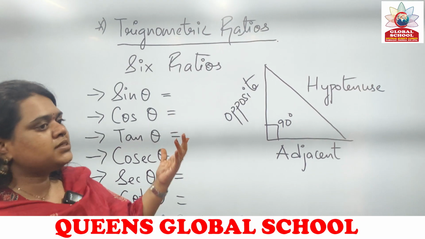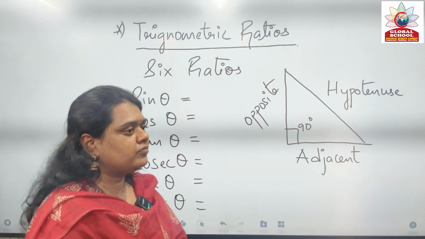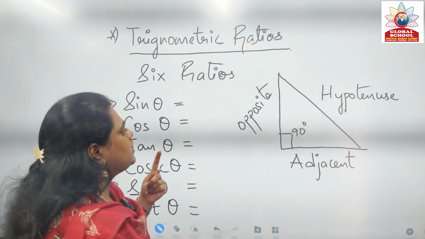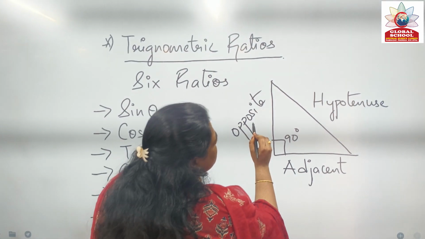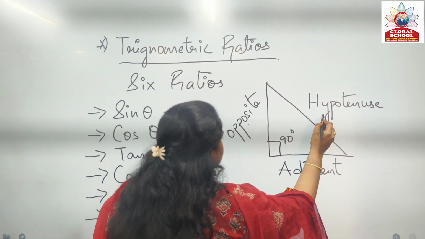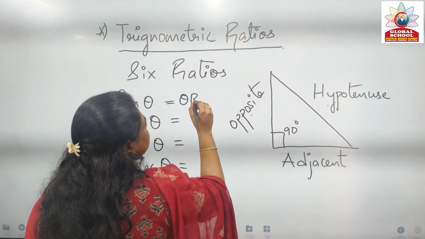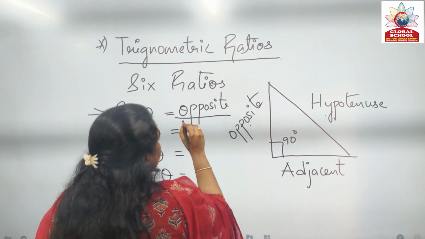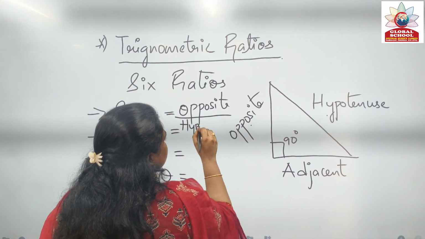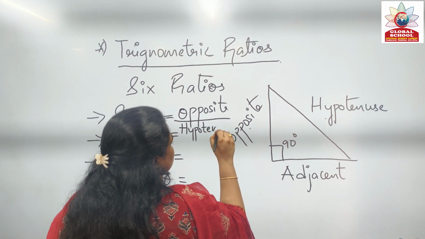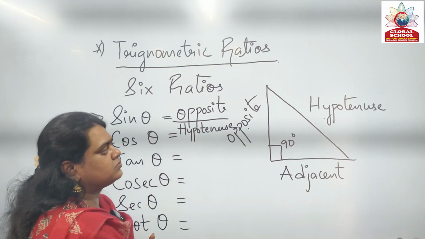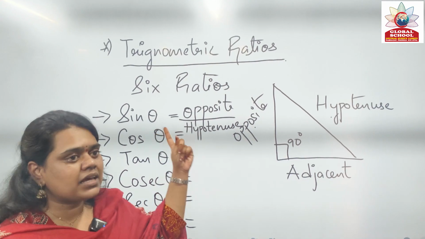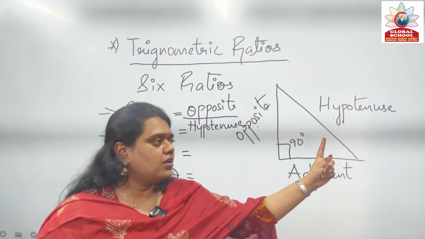So what is the formula of sin theta? Sin theta is nothing but opposite by hypotenuse. The formula for finding sin theta is opposite by hypotenuse.